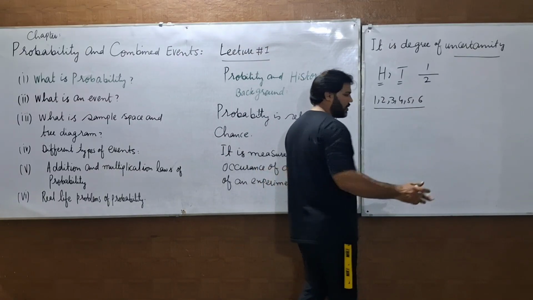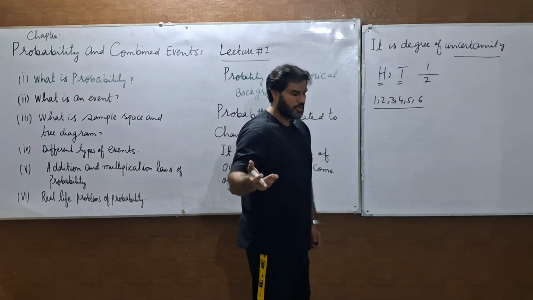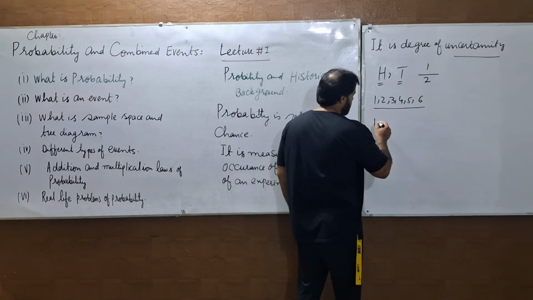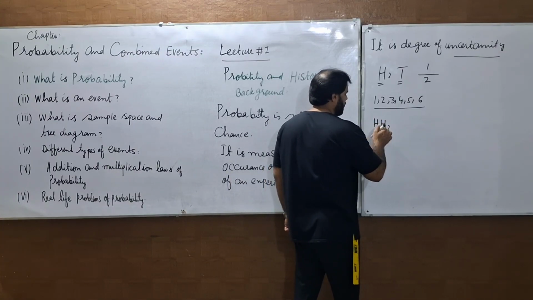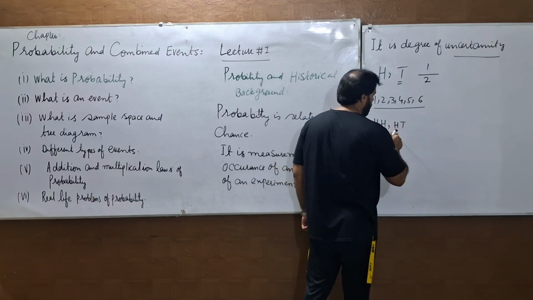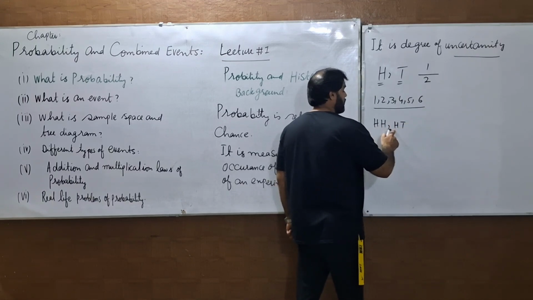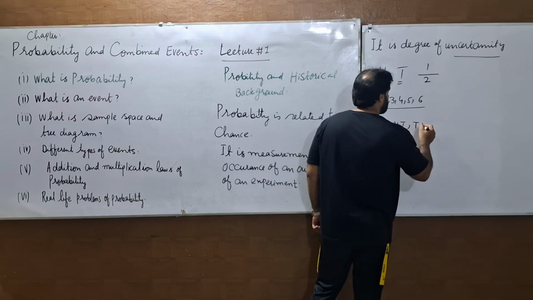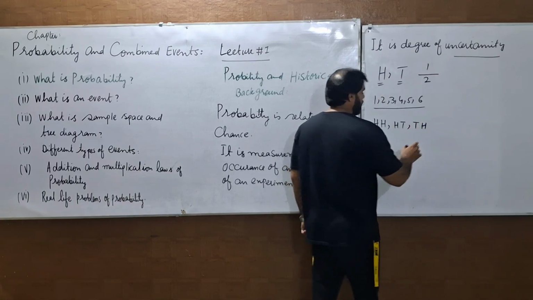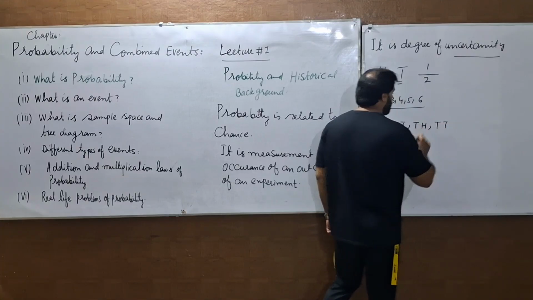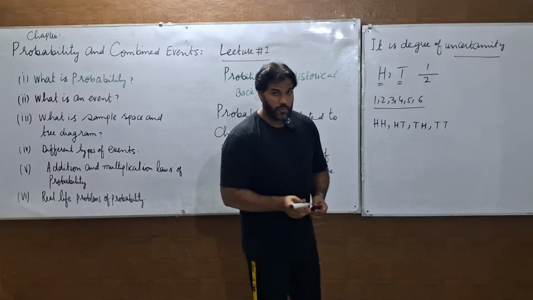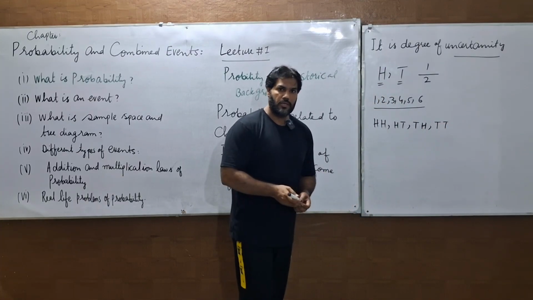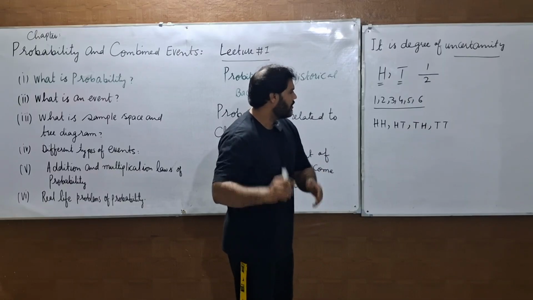For example, when you toss two coins, there are four possible outcomes. Either both head, or one head on the first and tail on the second, or tail and head, and the fourth one is tail and tail. Now, as a student of mathematics, you know very well.